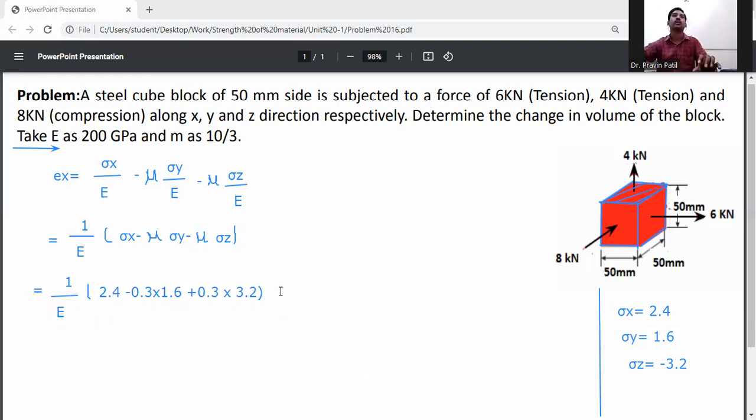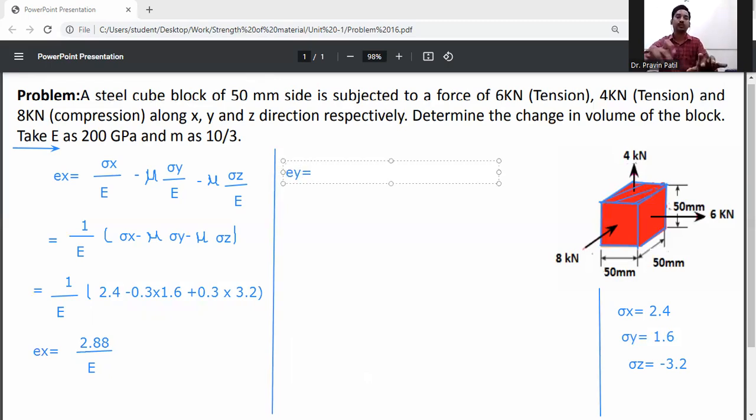So you will get ex in terms of E. Ex is equal to 2.4 minus 0.3 into 1.6 plus 0.3 into 3.2, which is 2.88 divided by E.